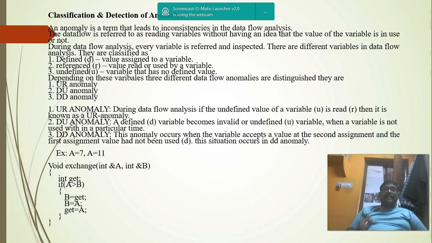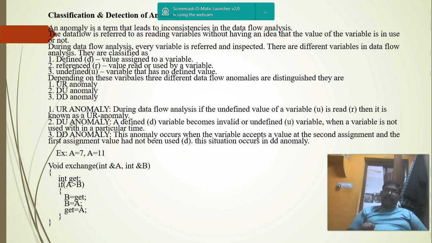Depending on these three classifications, which are defined, referenced and undefined, the data flow anomalies can be distinguished into 3 types: UR anomaly, DU anomaly, and DD anomaly.